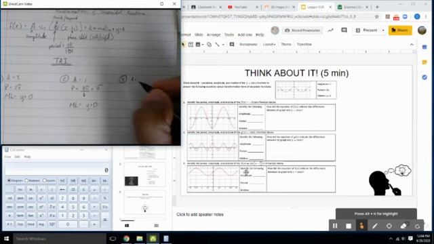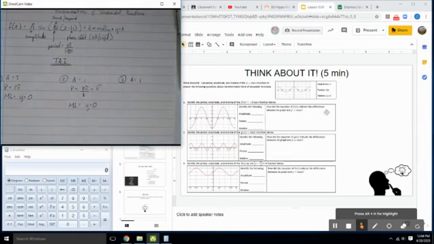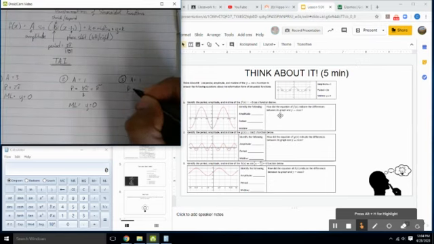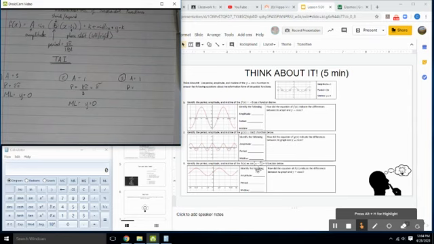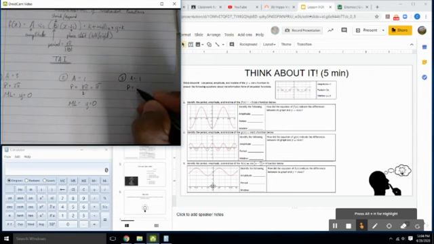So we should revert to the original, which is 1. For a period, is there a b value? No. So since there is no b value, then we should revert to the original, which says 2 pi. So it should be 2 pi.